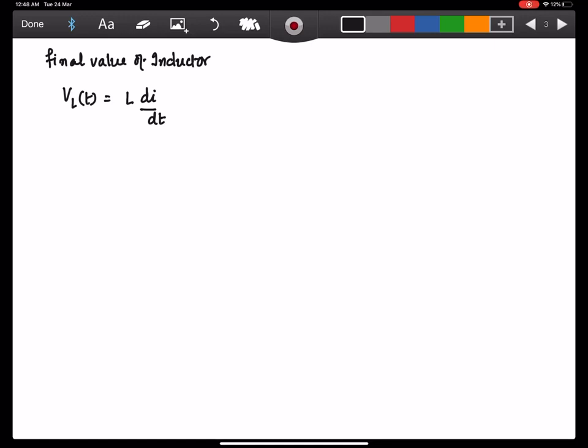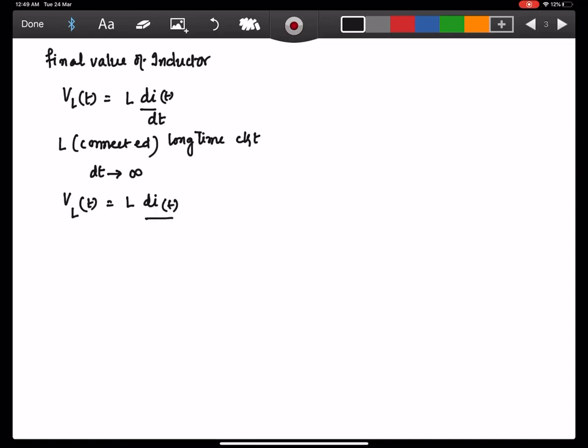Since your inductor is connected for a long time in the circuit, dt tends to infinity, and VL(t) equal to L di(t)/dt, with dt tending to infinity, is equal to 0.